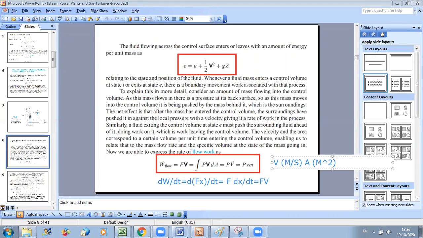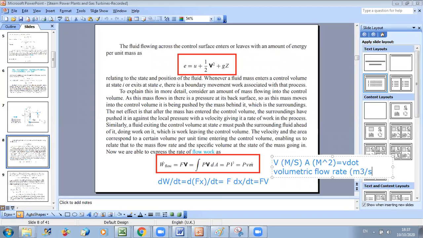Sometimes we name it Q, or if you want to not confuse terms, they name it V dot, which is the volumetric flow rate, and the unit of it is meter cube per second.